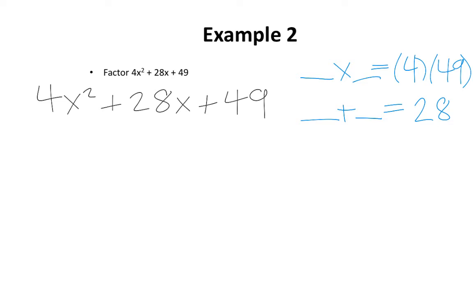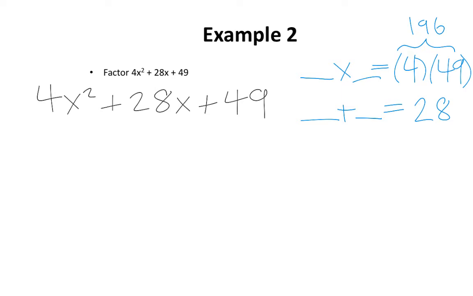If you take 4 and multiply it by 49, you're going to get some humongous number of 196. I don't know about you, but finding two numbers that multiply to 196 and add up to 28 can be pretty difficult and time-consuming. So there must be a faster way of doing this, and there is. You want to use the method I just showed you in the previous example.